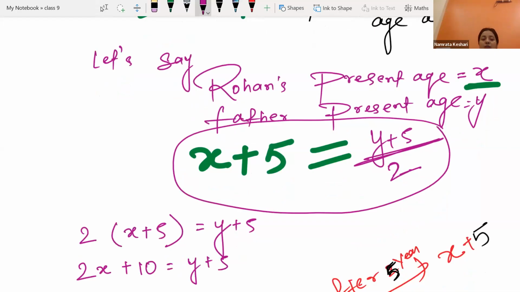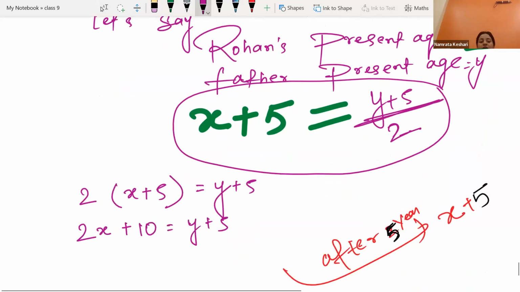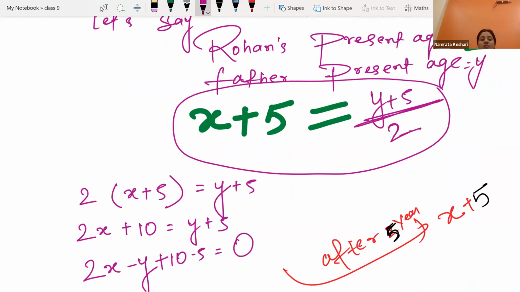That means you will have 2x minus y, and this 5 also you can take to this side, and you will end up writing it in standard form, which is great. So 10 minus 5 is 5. That means 2x minus y plus 5 is equals to 0. This is your linear equation in two variables. Getting it?